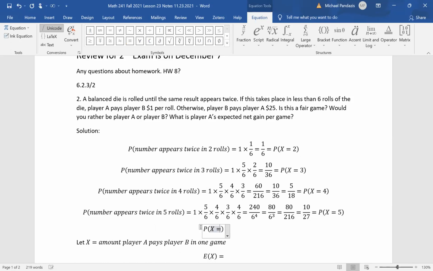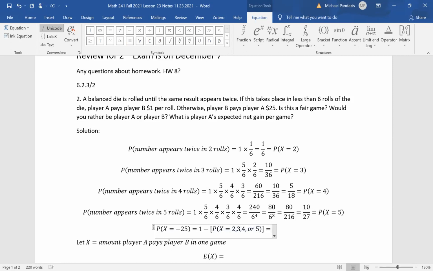That would mean X equals -25, because B giving A 25 is, I'm going to say, the opposite: A gives B -25. So the probability that X equals -25 is 1 minus the sum of the probabilities that X is equal to 2, 3, 4, or 5.